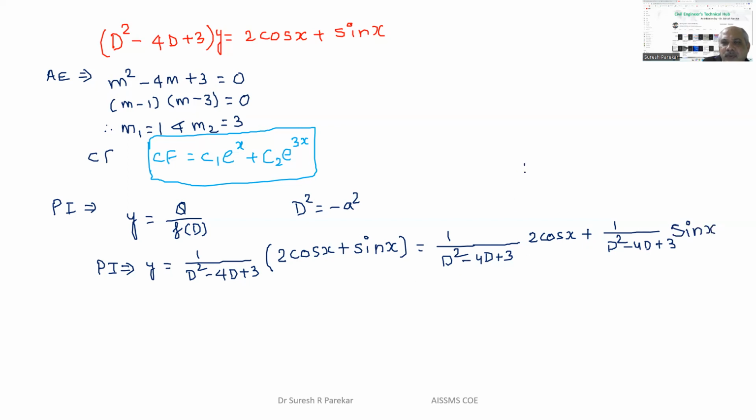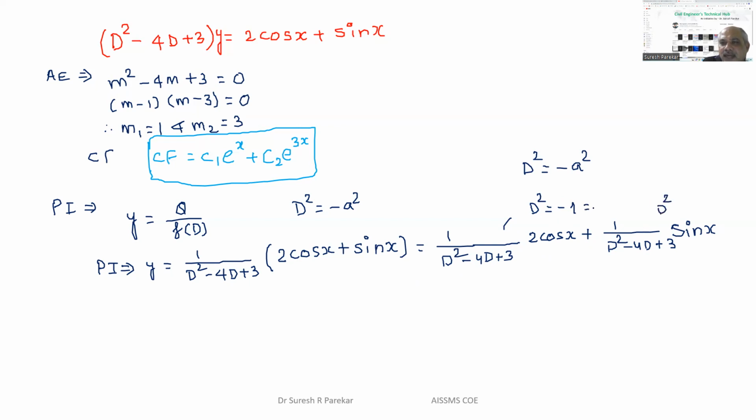We know we have to put D square equal to minus a square. In both terms the value of a is equal to 1, so in this one D square equals minus 1, and in this case also D square equals minus 1.